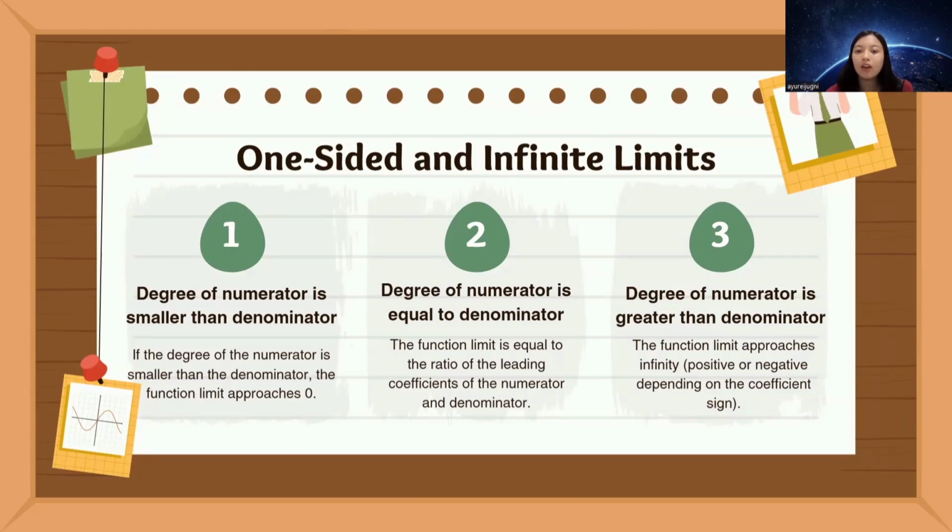Second, if the degrees are equal, the limit is the ratio of the leading coefficients. Third, if the degree of the numerator is greater than the denominator, the limit approaches infinity. Please remember these rules because they help us solve problems faster. You can screenshot this slide if necessary.